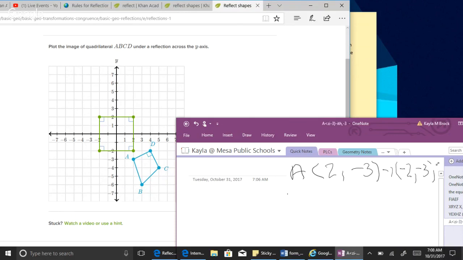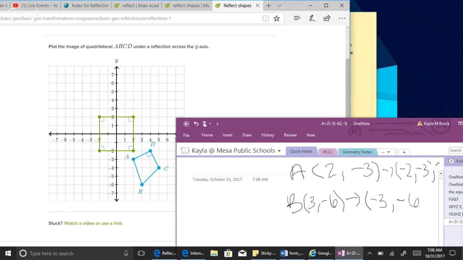Now let's look at letter B. B looks like it is when x is 3, y is -6. If I reflect this across the y-axis, which is what I'm doing, the x will become negative. So instead of 3, it's going to be -3, but the y is going to stay the same, so it'll be -6.